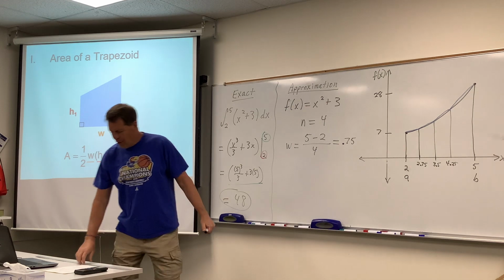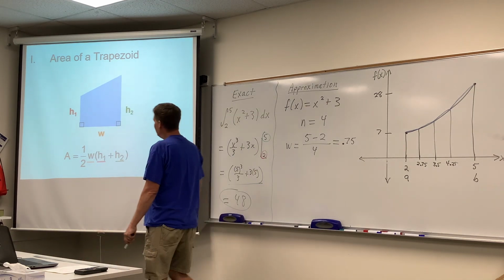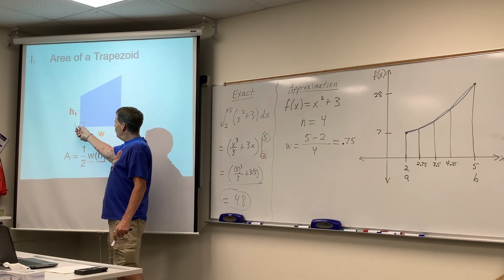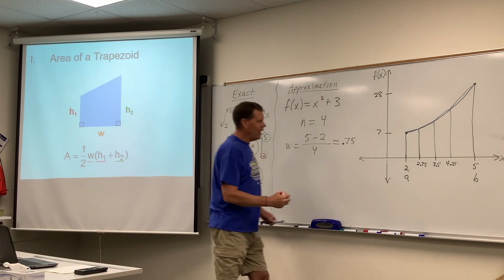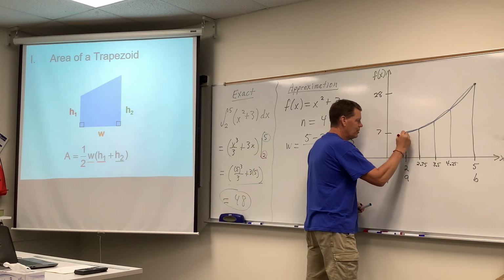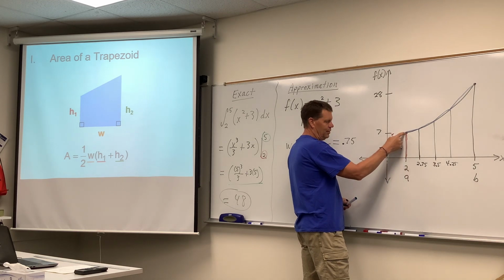All right? So, a lot of hand waving here. Here's what I did in the notes. I put the left edge of the trapezoid in red and the right edge in green. So if you think about it, the first trapezoid, the left edge, would be found by putting 2 into the function, otherwise known as f of 2.